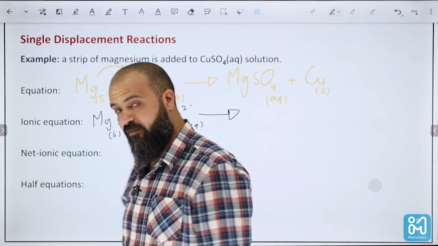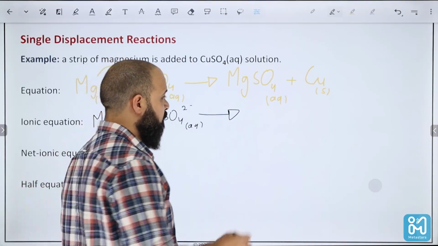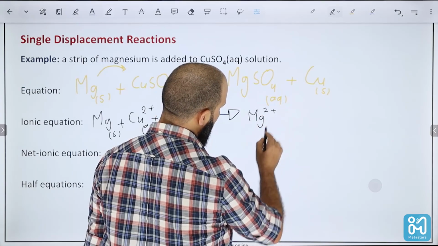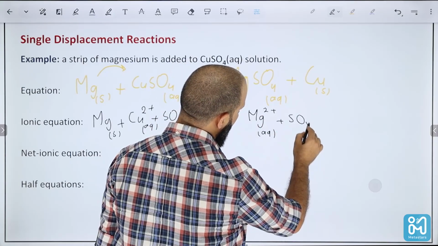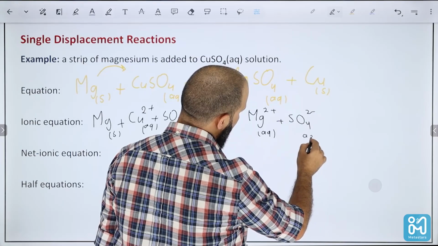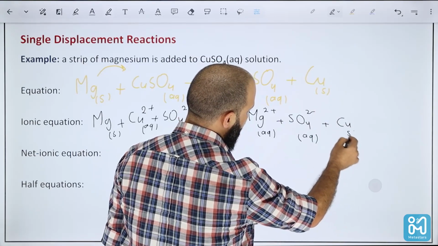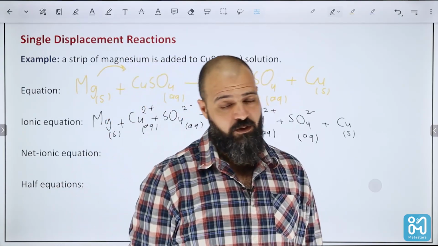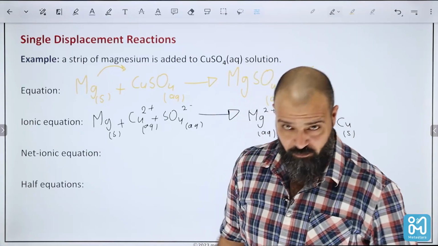Product side. We have magnesium sulfate aqueous, so I have to break it down into ions. So I have magnesium ions, Mg2+ aqueous, and sulfate ion, aqueous, plus copper solid, so you just keep it. Easy, it's very much easy.